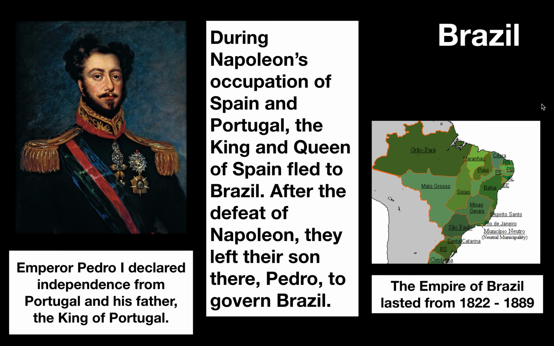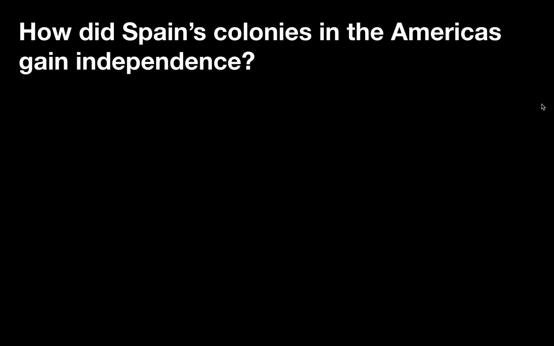After Napoleon's gone, they go back to Europe and they leave their son Pedro behind. And he just decides, I'm going to have my own country here, and he declares himself Emperor of Brazil. So really not a lot of violence in that one. So that was kind of unique.